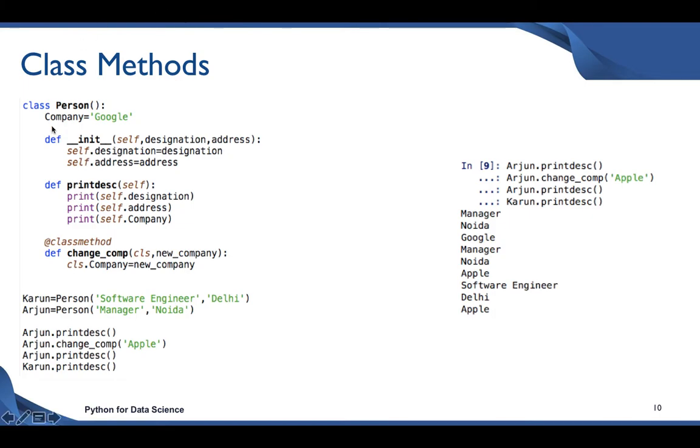For example, I want to change the company name from Google to Apple, and this company is accessed by all the instances of this class. So I could change it by specifying this change company. First of all I will instantiate an object from this class, initialize it with some values, and if I want to change the company name, that way I could do that.